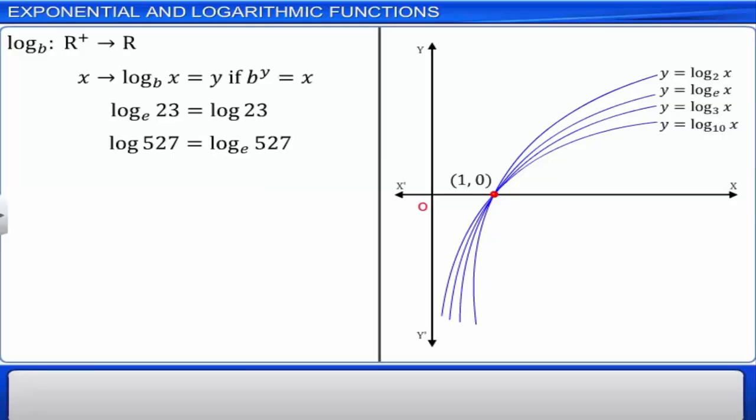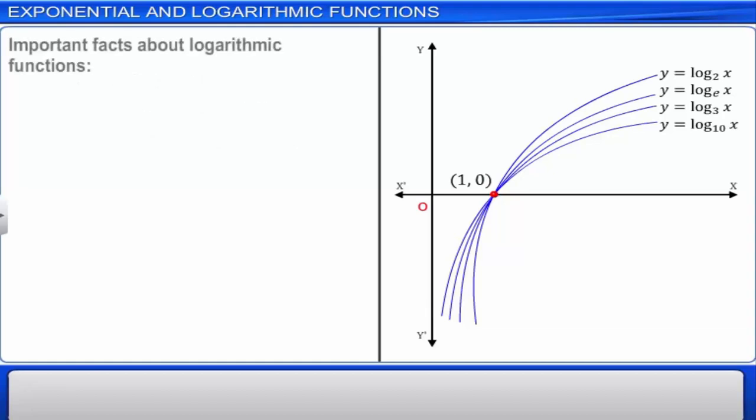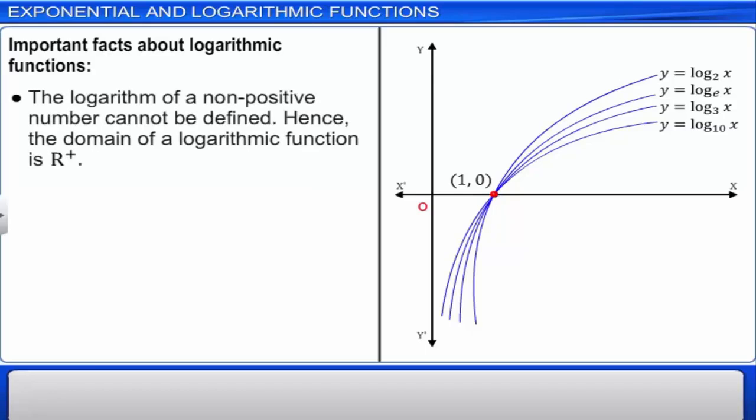Note some facts about logarithmic functions. The logarithm of a non-positive number cannot be defined. Hence, the domain of a logarithmic function is the set of positive real numbers. The range of a logarithmic function is the set of all real numbers.